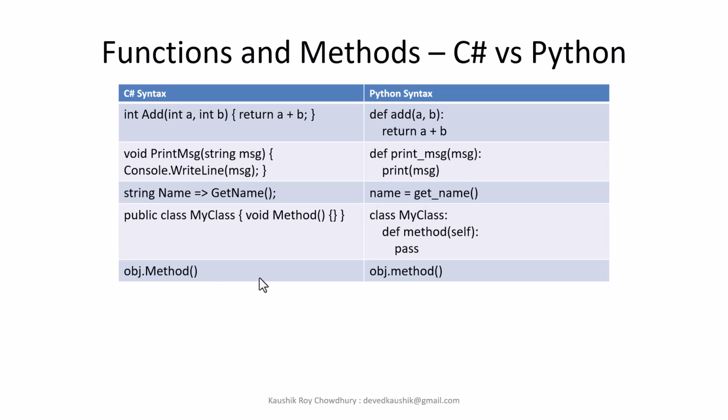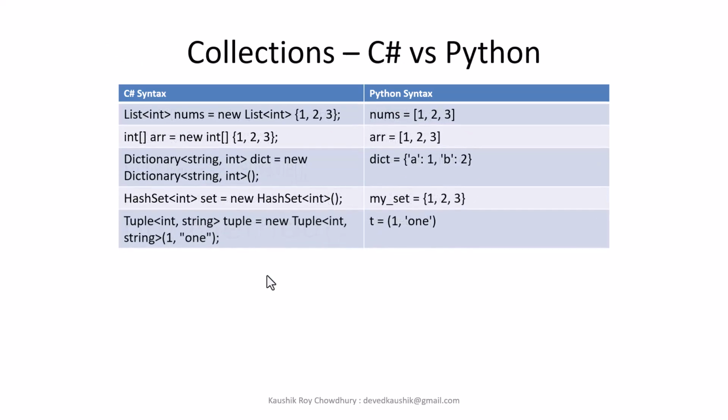And then let's see collections. In Python, we work with lists, tuples, sets, and dicts. So this is my set, this is a list, this is a tuple, and a dictionary. Lists are the closest match to List<T> in C#.